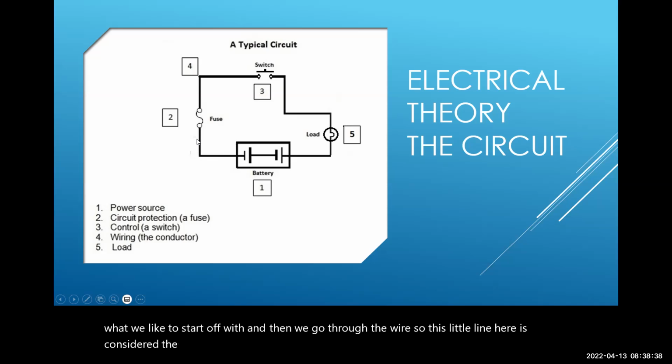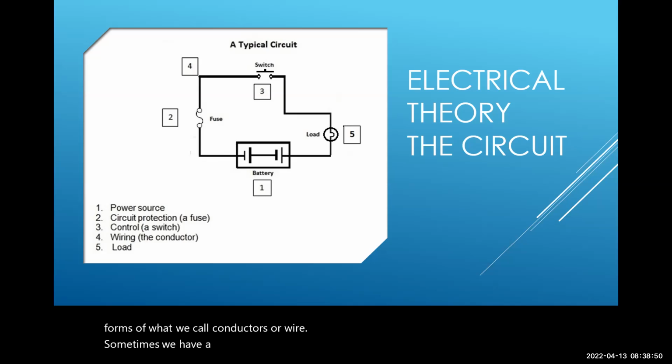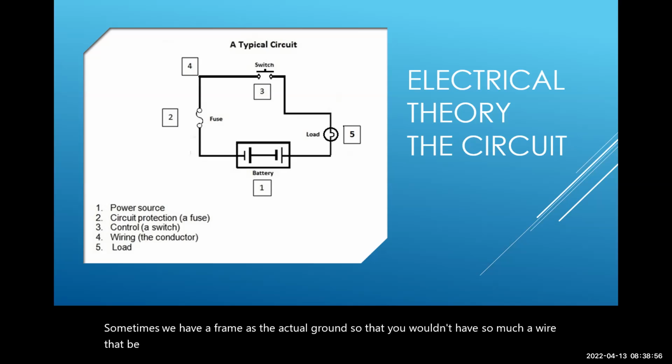Now we can have other forms of conductors or wire. Sometimes we have the frame as the actual ground, so you wouldn't have so much a wire, it'd be the frame itself.